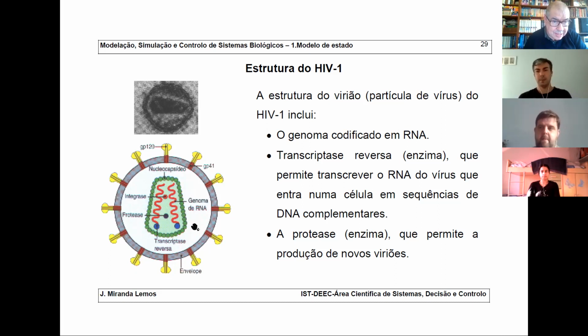So it has RNA, and it has a number of enzymes. You have three main enzymes: integrase, protease, and reverse transcriptase. And let's see what they do.